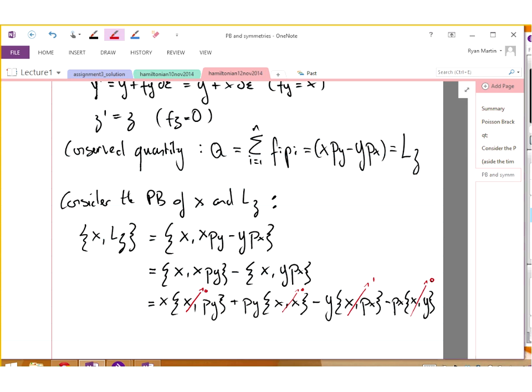You have to go back and look at the properties that we wrote down for the Poisson brackets. Of the Poisson brackets that mix generalized coordinates and generalized momenta, the only non-zero one is the one that takes the generalized coordinate with its conjugate momentum. So this whole Poisson bracket is equal to minus y.